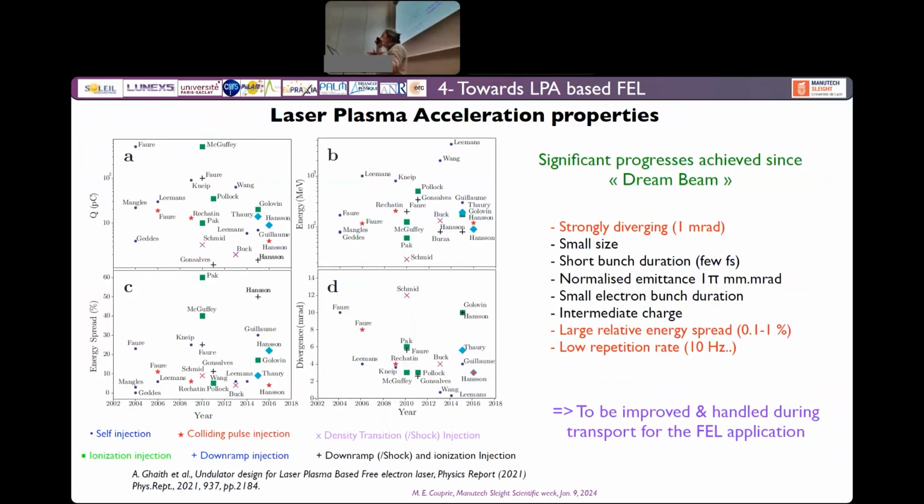And if I compare to this high repetition rate LINAC, driving a new generation of X-ray FEL, it's still low, but for trying to explore what could be done with LPA, it's fine. So if we want to try something, we can try to improve the electron beam quality and handle it through the transport to the undulator.